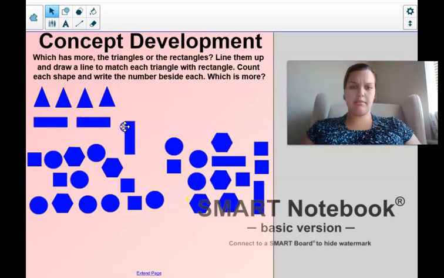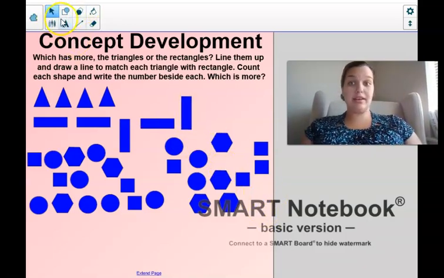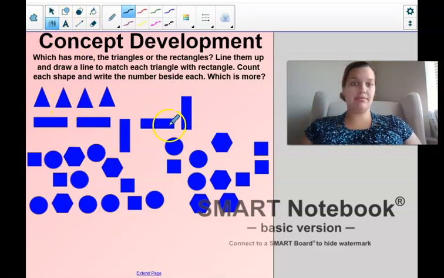What do you think we're going to have more of, triangles or rectangles? Let's see. We're going to draw a line because look at, they look way different spacing wise. So triangle to rectangle, triangle to rectangle, triangle to rectangle.